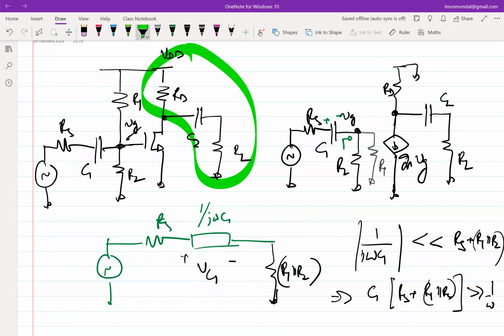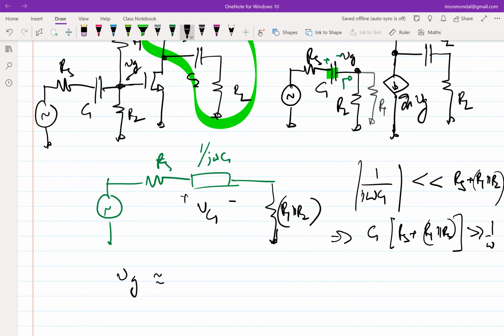You cannot do away with RS in any practical circuit; there will be a resistance associated with any source. So what is the best you can do? First let's attack what condition needs to be satisfied to make sure that C1 acts as a short. If that is satisfied, then what voltage do I get across VG?